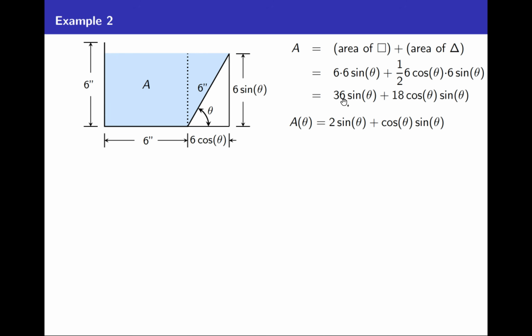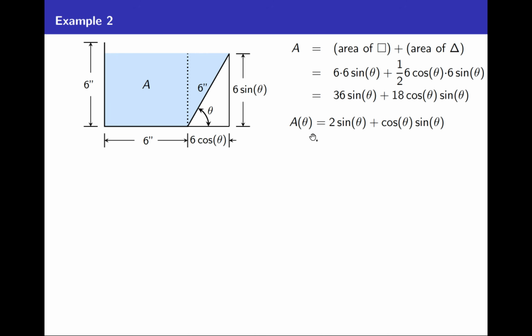And in so doing, you get 2 times sine theta plus cosine theta times sine theta. Let's call that our area function. A of theta is this expression, which is 1/18th of the area A of this water.